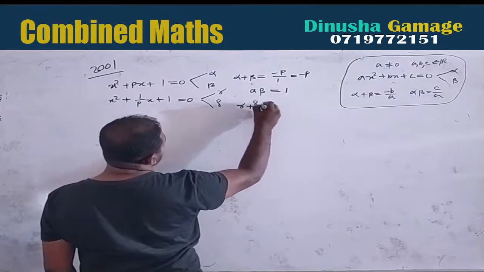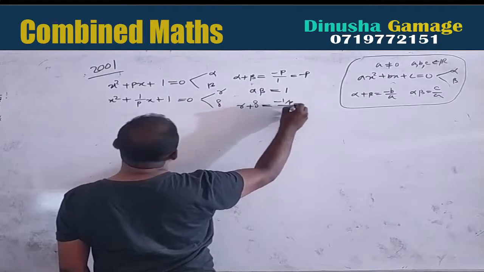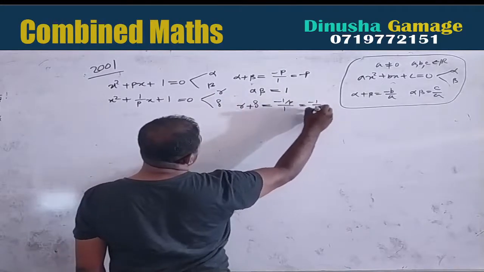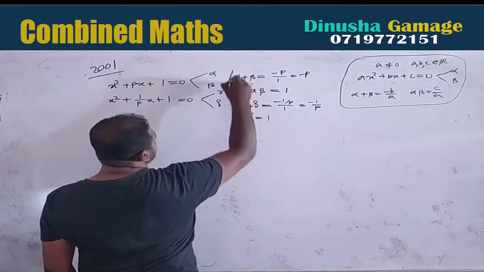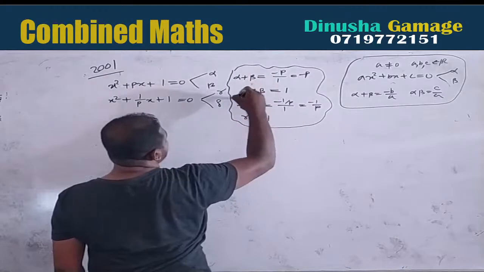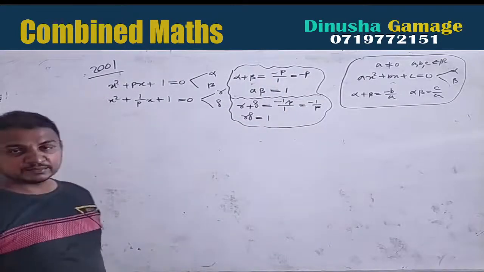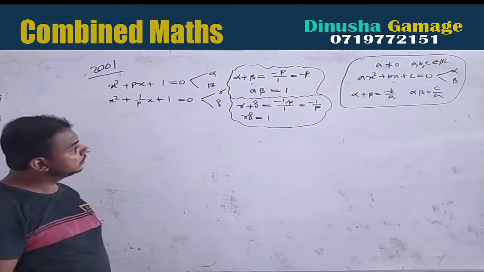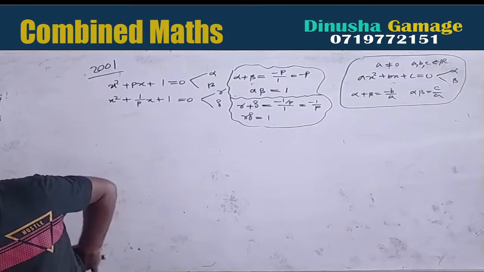Similarly, gamma plus delta equals minus 1 over p over 1, which is minus 1 over p. Gamma delta is 1. Correct? This way I can take the addition and multiplication of the two roots of the given two equations.